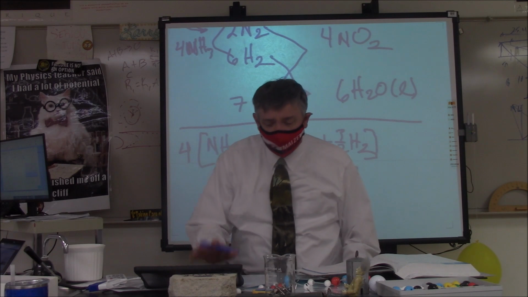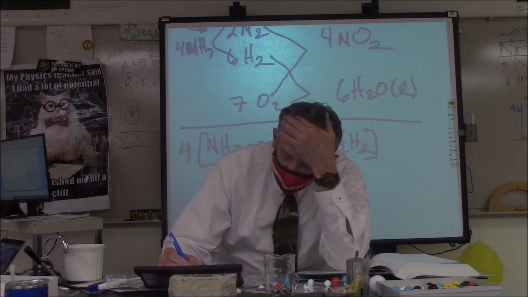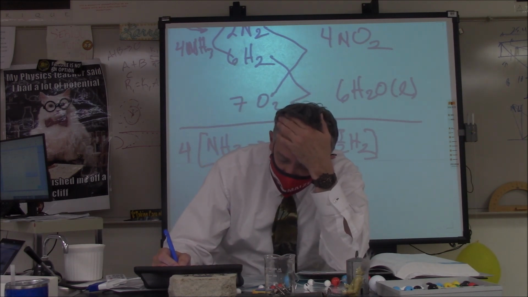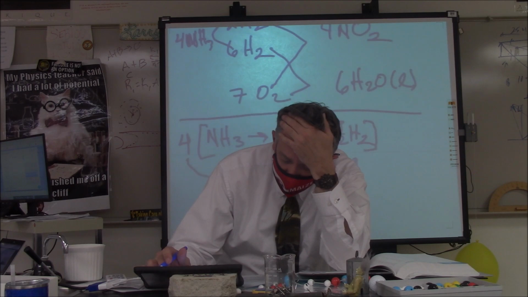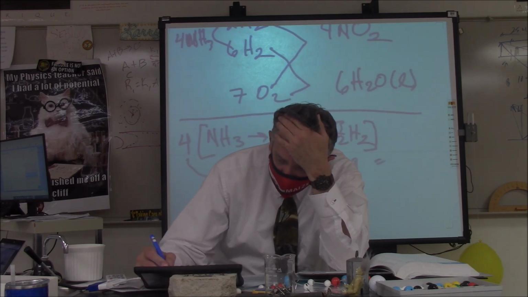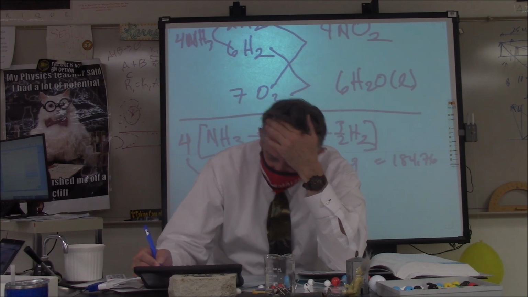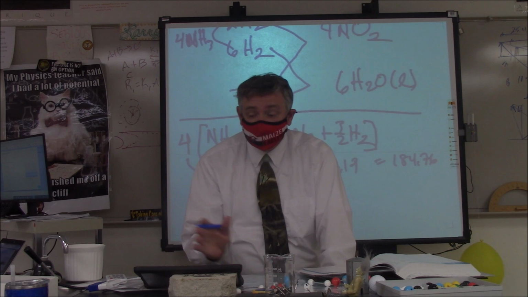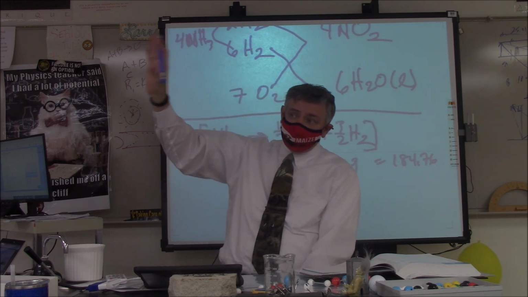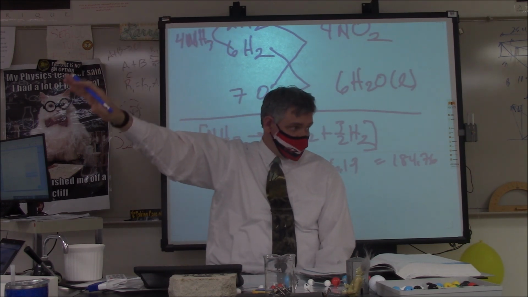Okay? So let's do us a favor. We're going to make that positive 46.19, but that's going to happen 4 times. So multiply that by 4, and what do you get? 184.76. So notice that that's a positive value. So that's how much energy is input to break up the ammonia.